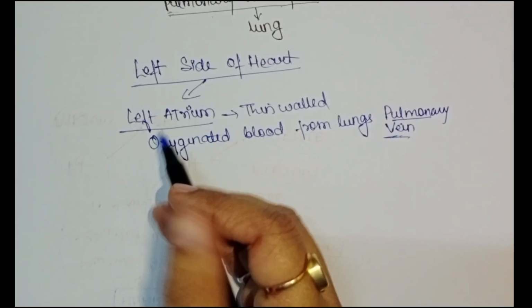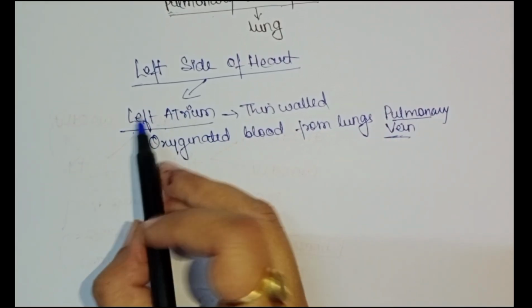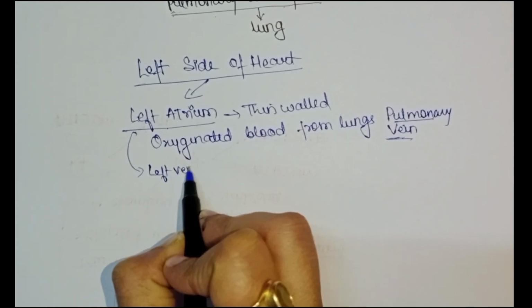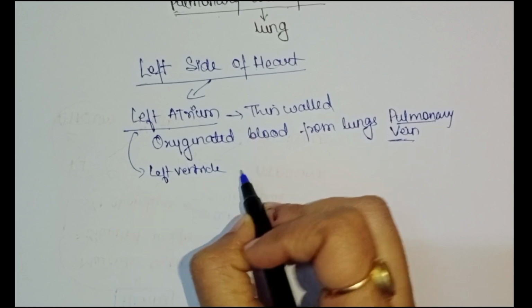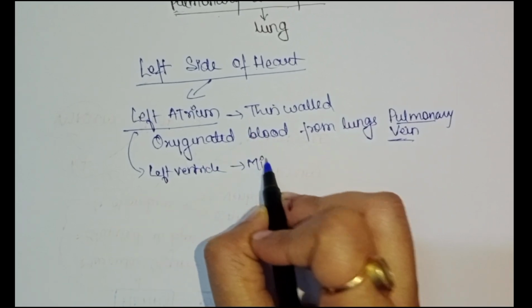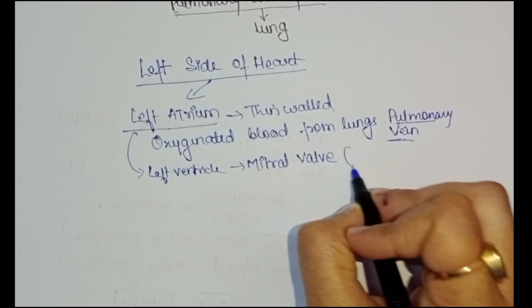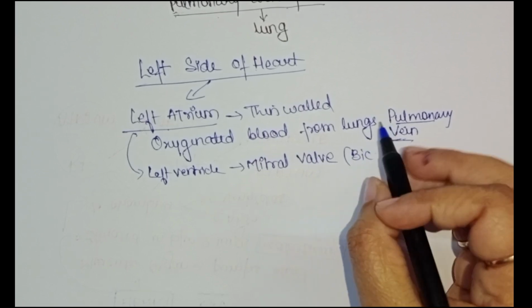Blood from the left atrium enters the left ventricle through the mitral valve, also called the bicuspid valve.